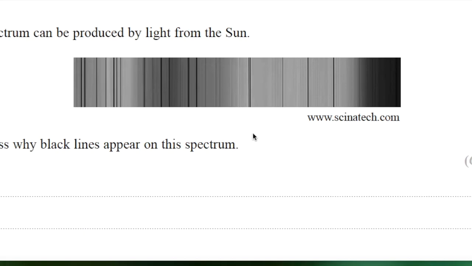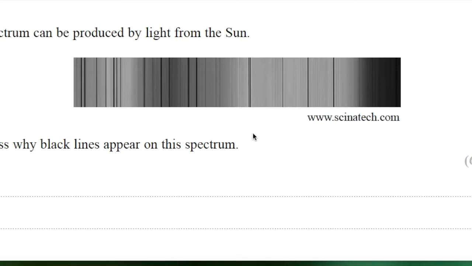Then the second point would be, what will these electrons do? They will absorb photons from the sunlight. Of course, these electrons will be absorbing photons, but will all these photons be absorbed? No. Electrons, after absorbing photons of energy, will move to a higher energy level.